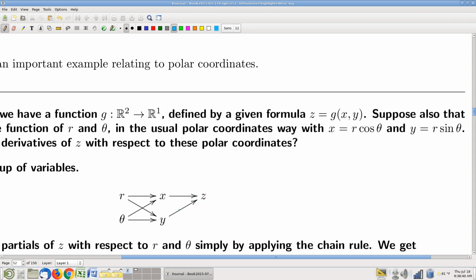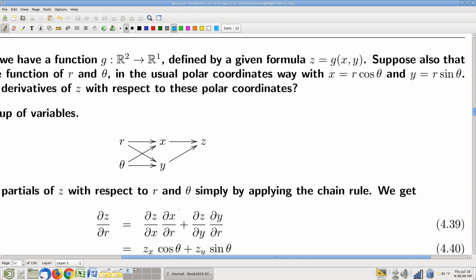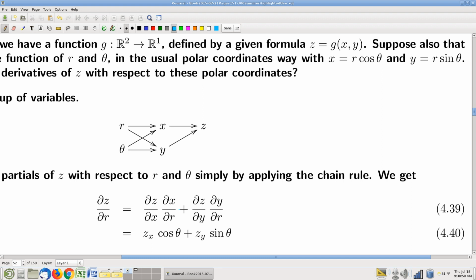Well, you've clearly got a chain rule problem here. Right? We've got a composition of two multivariable functions. The first derivative is real easy to write down. Using the chain rule, let's do the partial of z with respect to r. There are two paths through which changes can propagate.